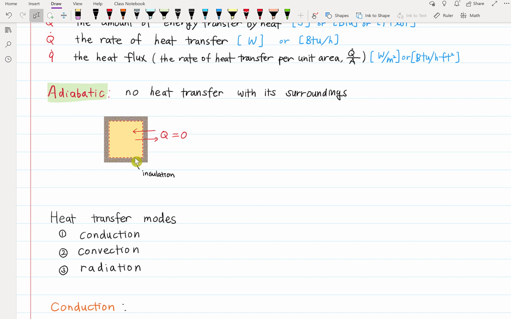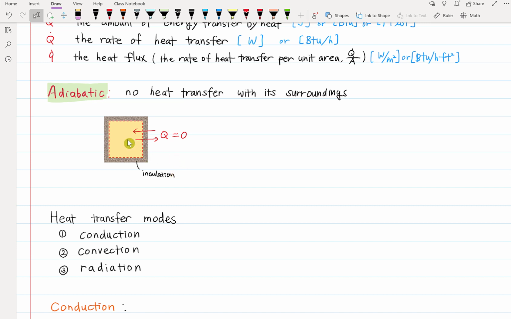So if the system is perfectly insulated, heat cannot go in or out of the system. So Q equals 0. If a system undergoes an adiabatic process, it experiences no heat transfer between the system and the surroundings.